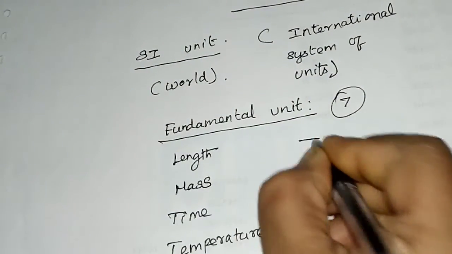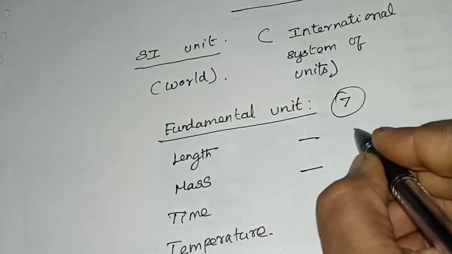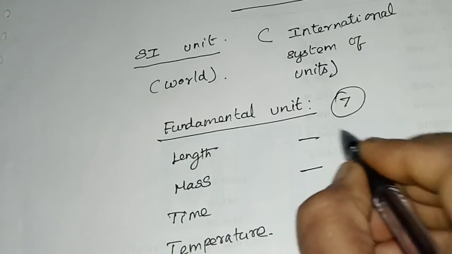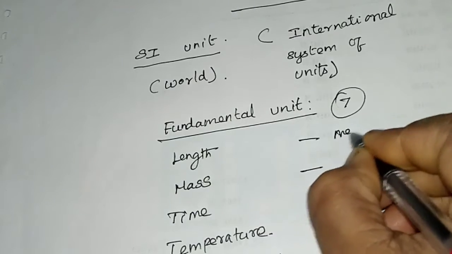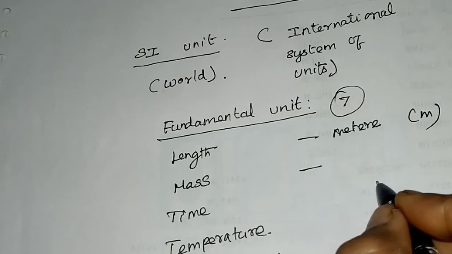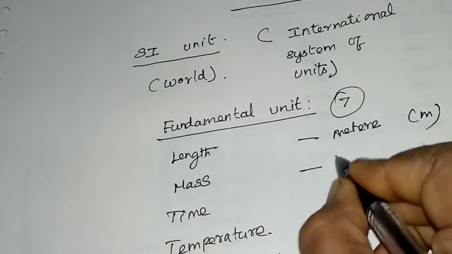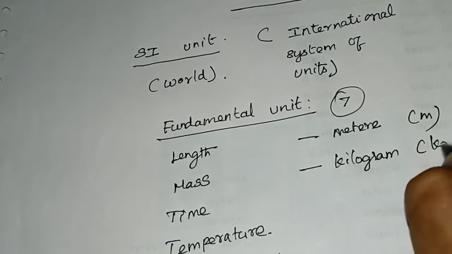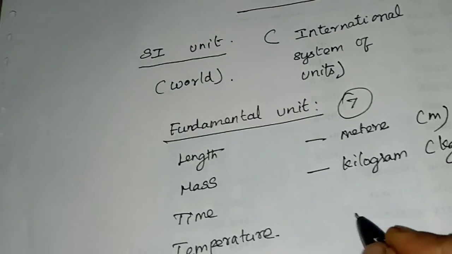Each physical quantity has a unit. Length has no formula. This is the basic unit that is measured by the unit meter, and the symbol is small m. Mass is kilogram, with the symbol kg.